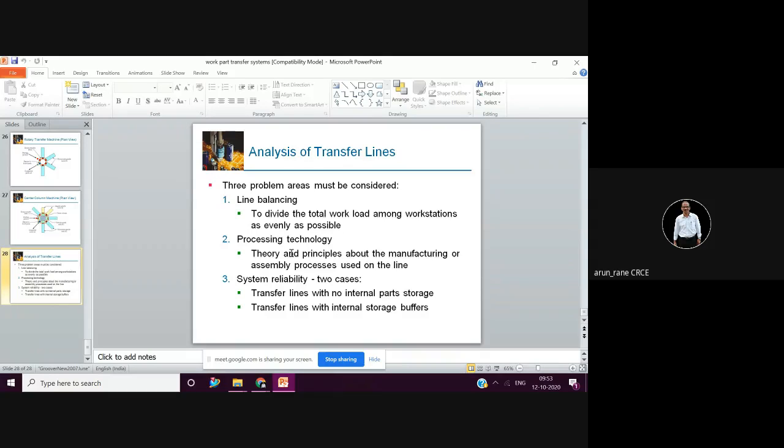Then, processing technology. As far as possible, you have to have a compromise or trade-off between fully automatic and semi-automatic. It depends, suppose there is a budget.